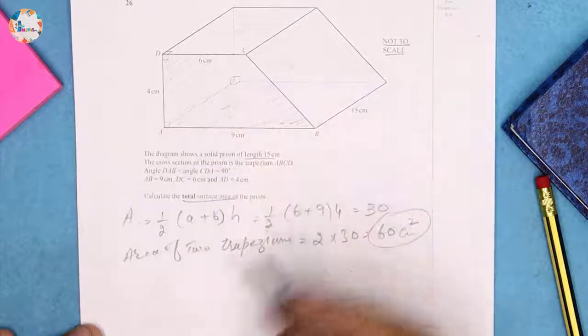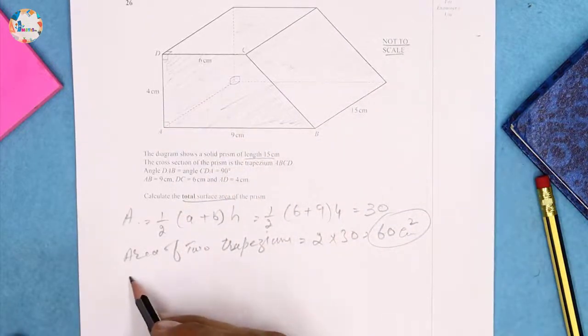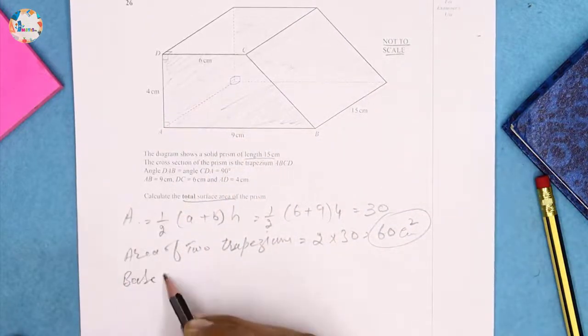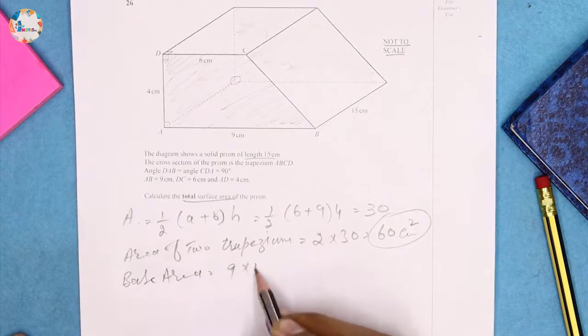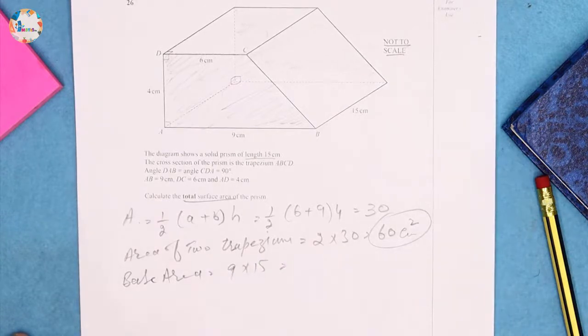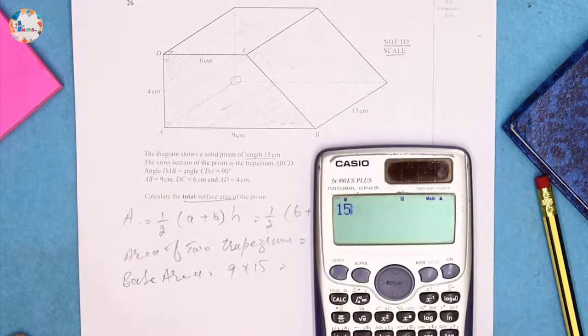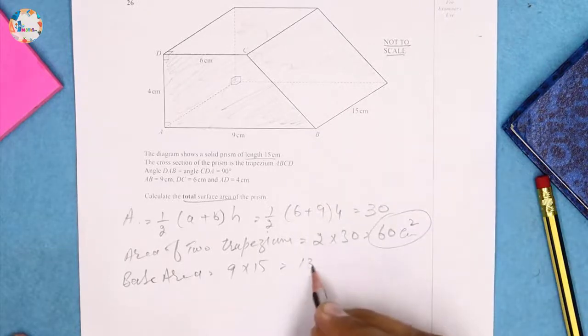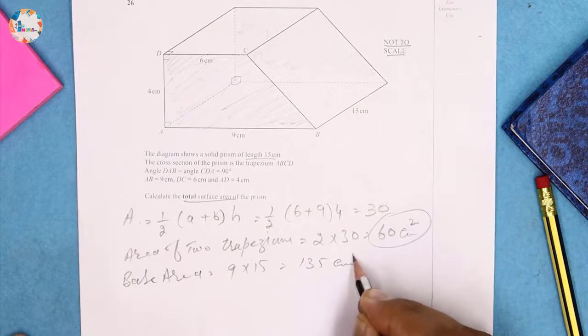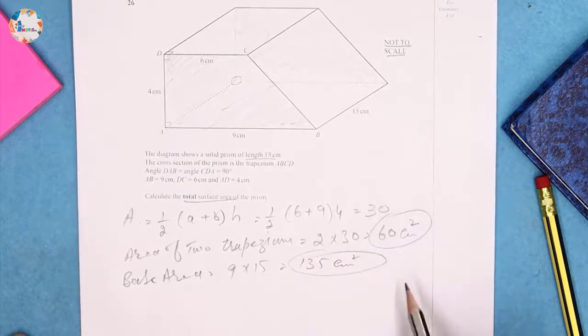Now the bottom side, which is the base area. The base area will be equal to, which is a rectangle, 9 times 15, which is 135. So 135 centimeters squared. This is the second area.